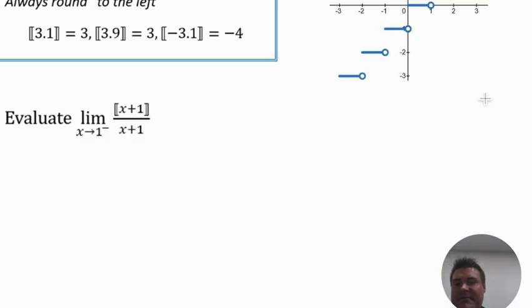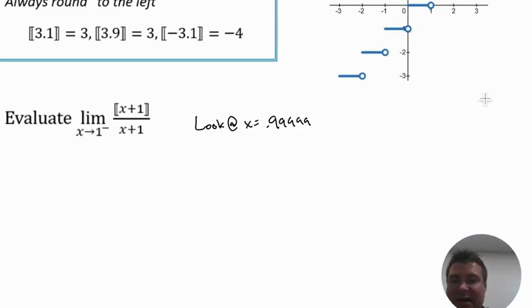Looking at the limit as x goes to 1 from the left of the greatest integer function of x plus 1 all over x plus 1. Now, since I'm evaluating to the left, I'm actually looking at x equals 0.99999, really as close to 1 as I can get on the left-hand side.